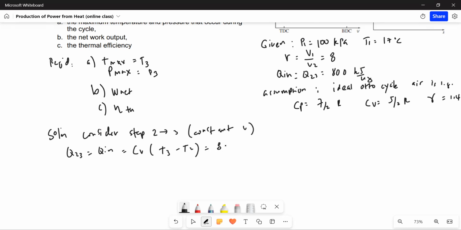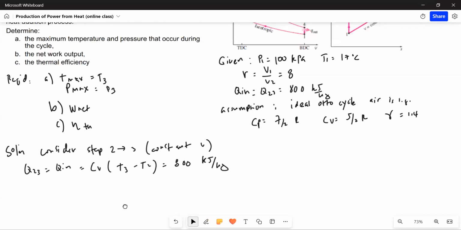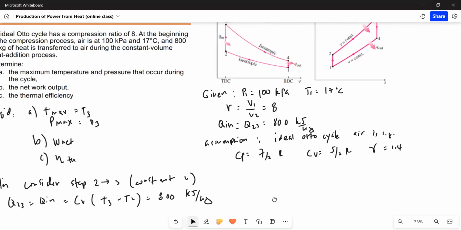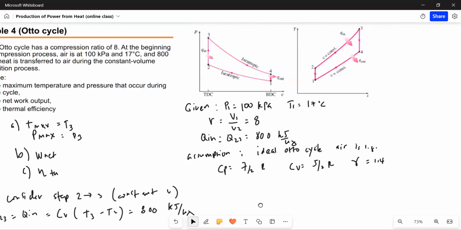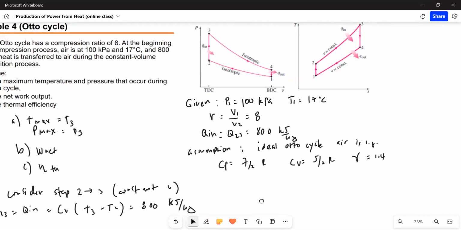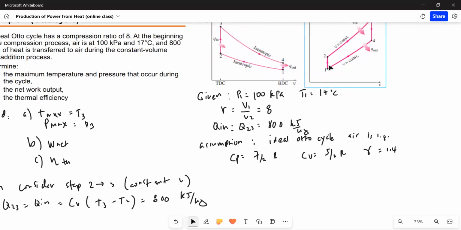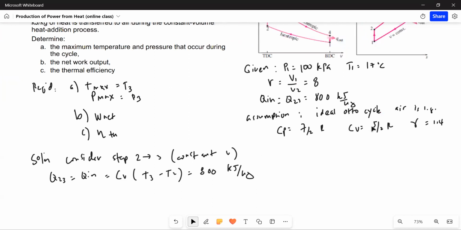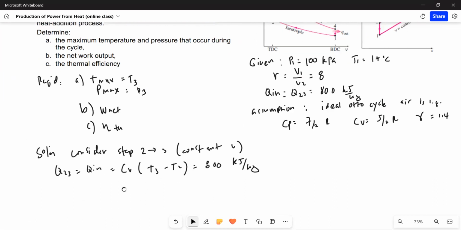And this is just equal to 800 kilojoules per kilogram. So let's park that equation for now, because we don't know T3 yet, that's what we are looking for. We only know T1, and we also don't know T2. But we know Cv. So we want to know next T2, so that we can use this equation to solve for T3.